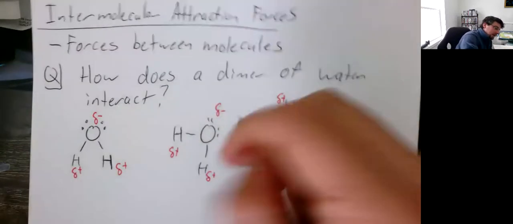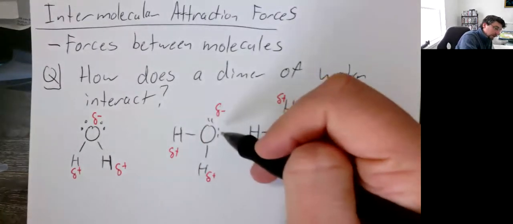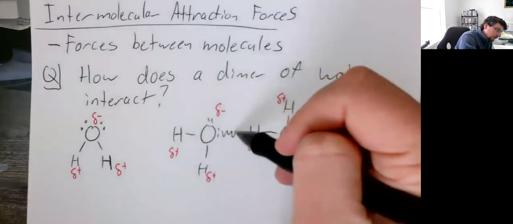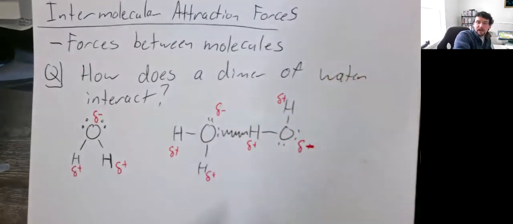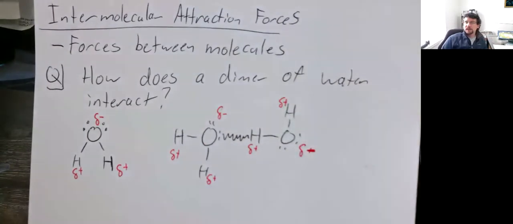Based upon Coulombic interactions, like charges repel and opposite charges attract, we should get an attraction between that oxygen and that hydrogen. And this attraction here is the intermolecular attraction force.